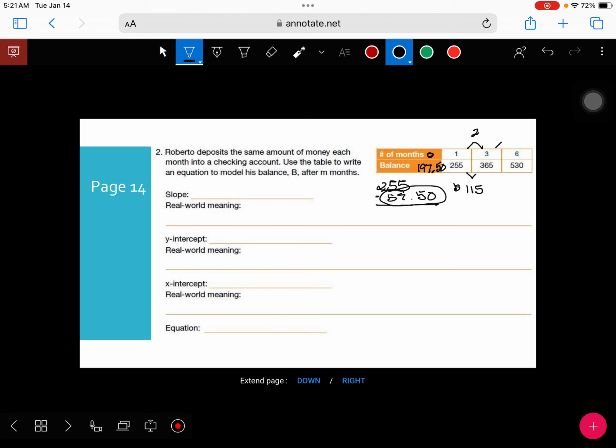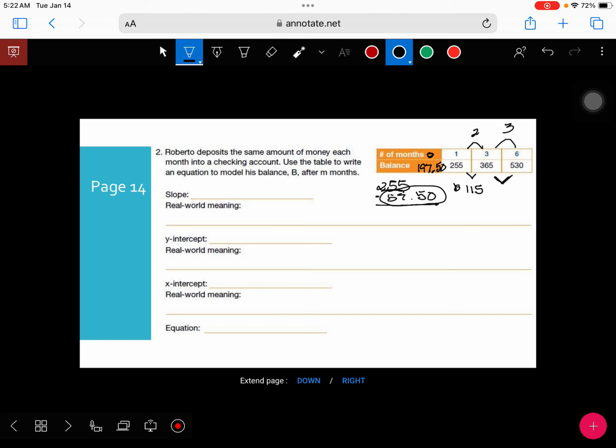Okay, so let's see here. From 3 to 6, that's an increase of 3. And if we think that every month there's a gain of $57.50, this should be $57.50 times 3. So 57.50 times 3 is 172.50 plus 365, and I got 537.50.